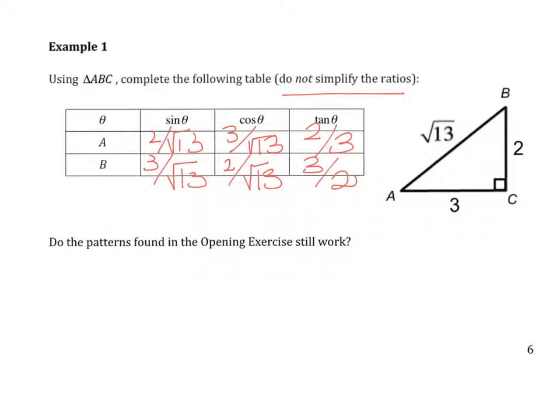Okay, so do the patterns found in the opening exercise still work? As you can see here, we have sine of angle A is still equal to the cosine of its complement, angle B, and the same goes for the sine of angle B being equal to the cosine of angle A. And the last two values for tangent are reciprocals.